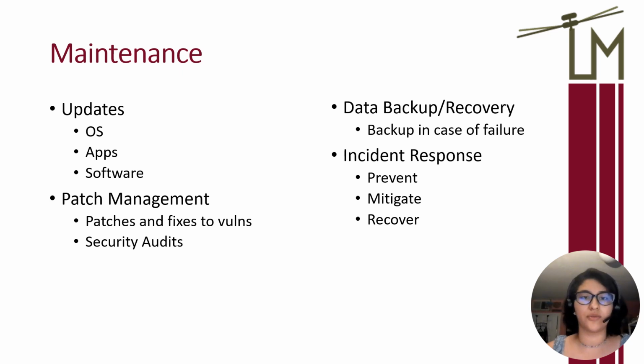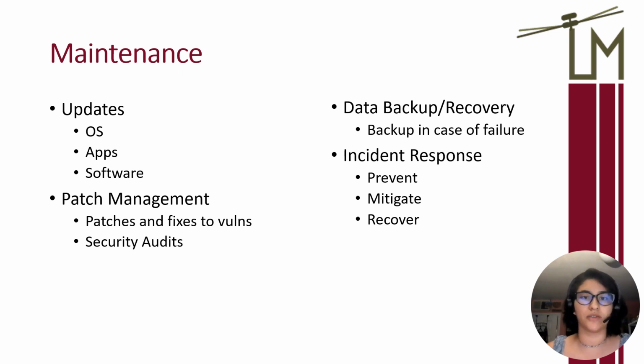However, even after the roadmap is implemented, it still needs to be maintained. Maintenance can range from software updates to incident response. Updates can include keeping operating systems, applications, and software up to date. Patch management is another way of maintaining systems by applying patches and fixes on vulnerabilities, as well as performing security audits to identify weaknesses and ensure that they are patched and in compliance.